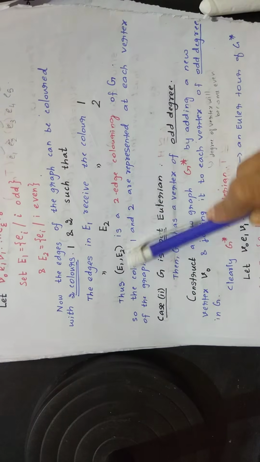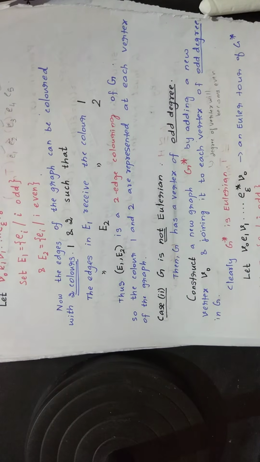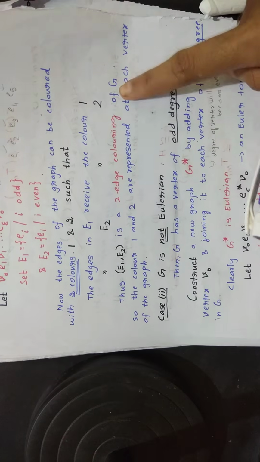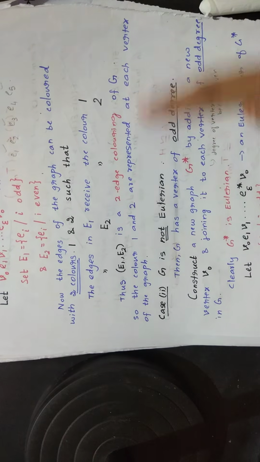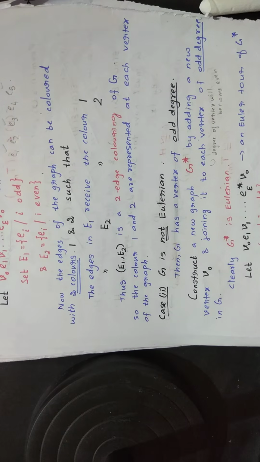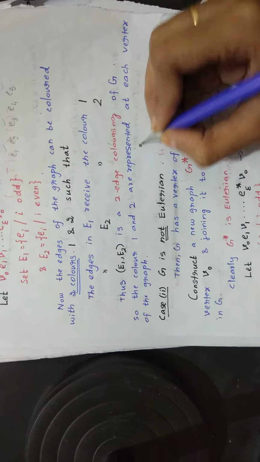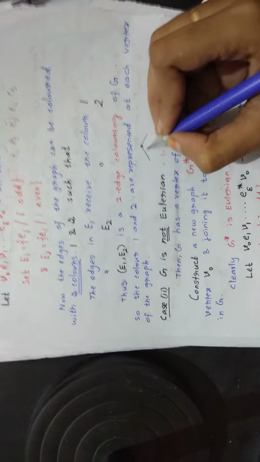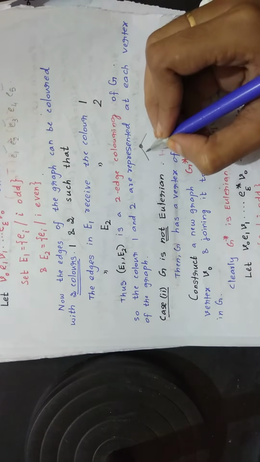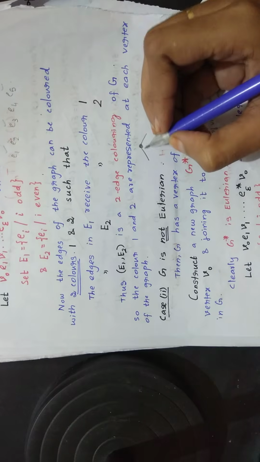You are coloring one set with the color 1 and the other with the color 2, so you are doing a two-edge coloring. Thus E1, E2 is a two-edge coloring of G, so the colors 1 and 2 are represented at each vertex of G. If there is a vertex with two edges, each vertex receives two colors.